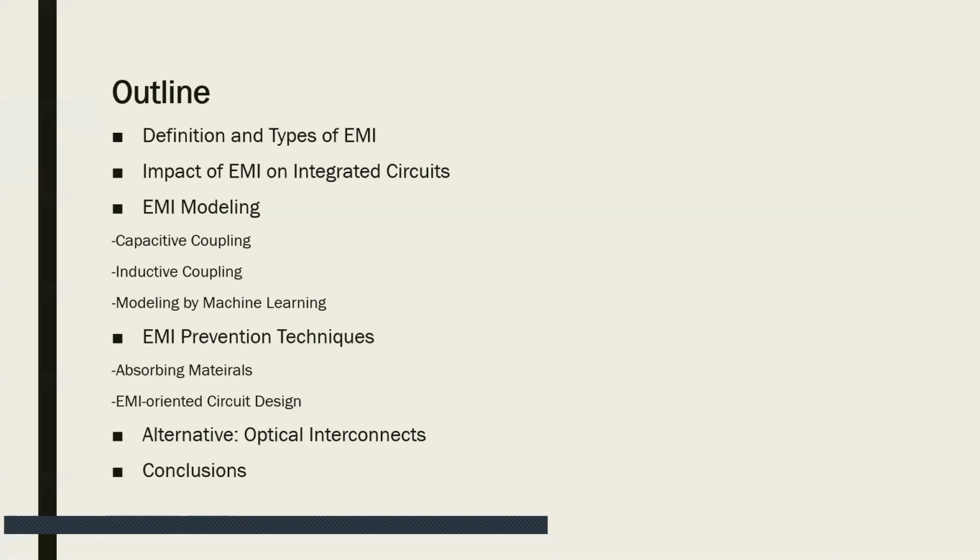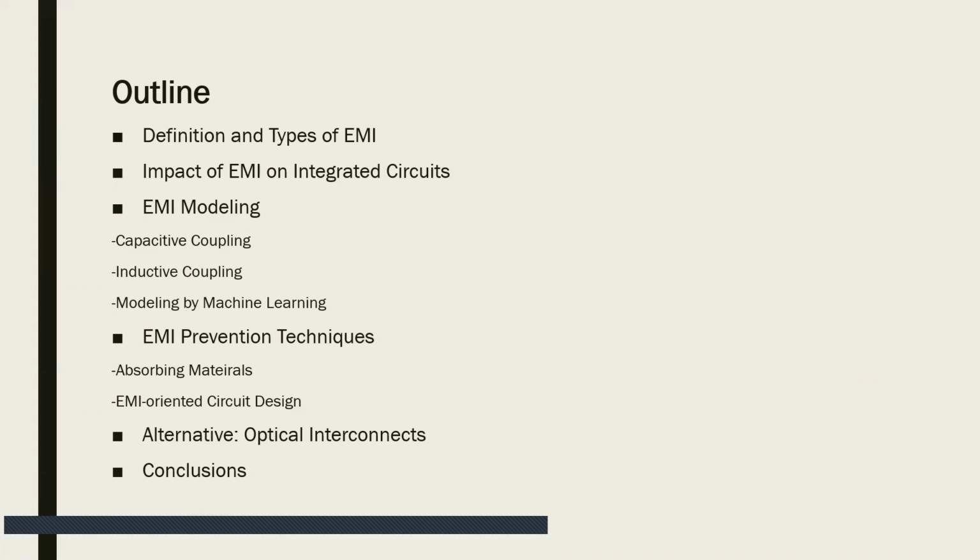Then I will talk about the EMI prevention techniques, including literature that proposes adding absorbing materials to the circuit. And the second is an example of a circuit design that alleviates the effect of the EMI.